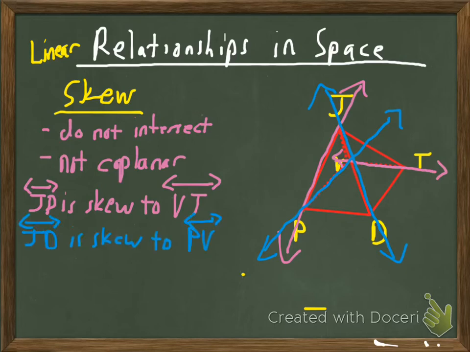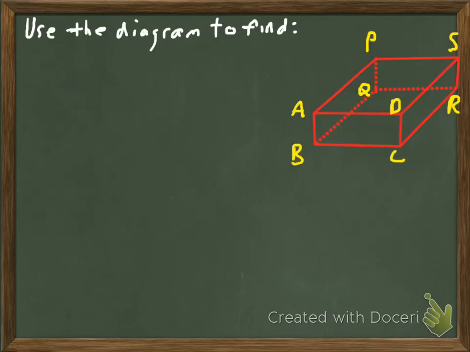Alright, hope you understand these various definitions. Want to look at one more slide here and one more figure. And what I'd like is for you to use this diagram to find an example of each of the following. Alright, I want you to find some parallel lines for me. Then, how about some skew lines?